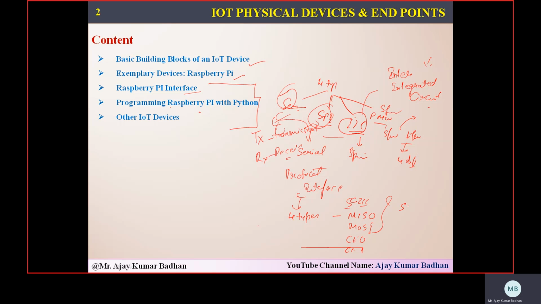This is with respect to SPI 0 and SPI 1, so we have 2 types. We have different pins for SPI 0 and the same way for SPI 1 we have different pins. Based upon the requirement, we might be using any one of the pins and executing our application.